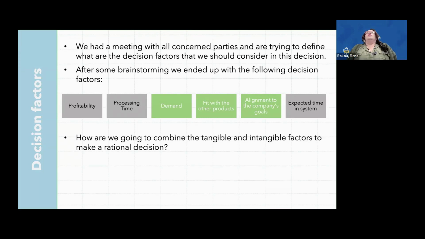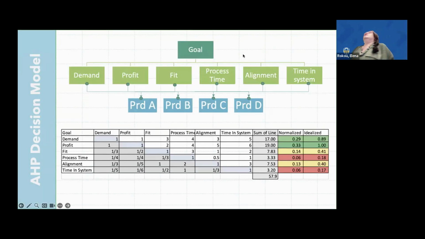How are we going to combine the tangible and intangible factors to make hopefully a rational decision? First approach that you see is an AHP model that we were talking about. Then yes, I have all my criteria. See, I didn't even get into the process of breaking them down in clusters.